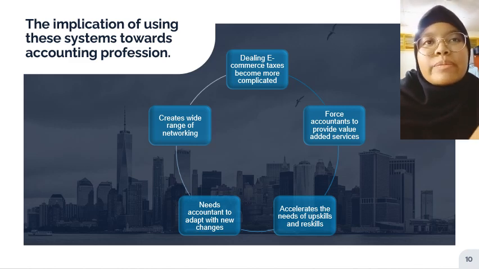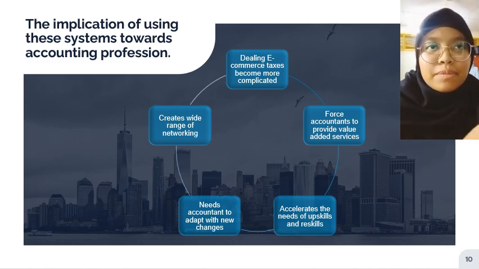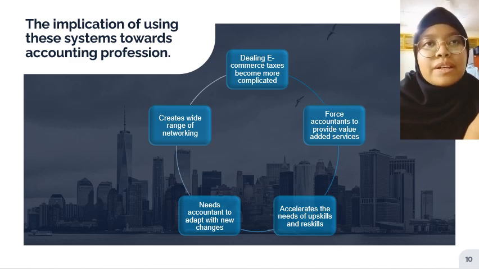So when there is development in e-commerce taxes, the accountant has to become more knowledgeable and has to upskill their knowledge, and has to understand any development that happens in tax. So the tax accountant has to upgrade and attain knowledge, because of the certain changes that occur in e-commerce taxes.